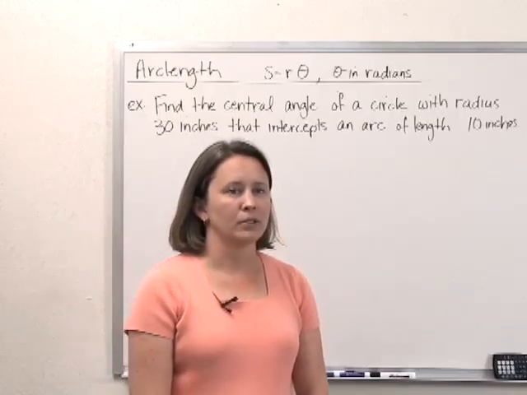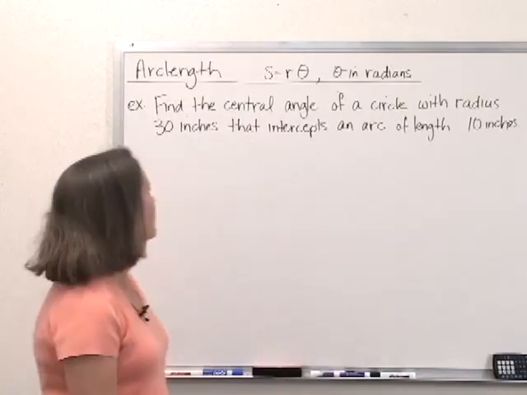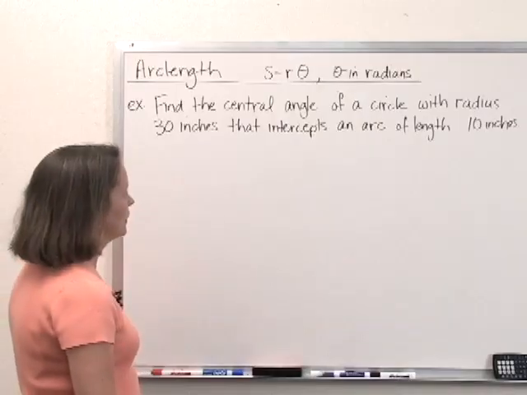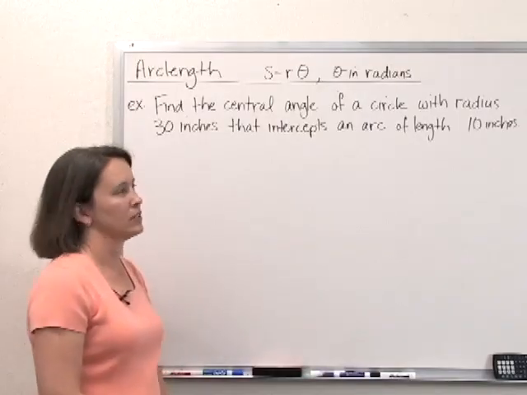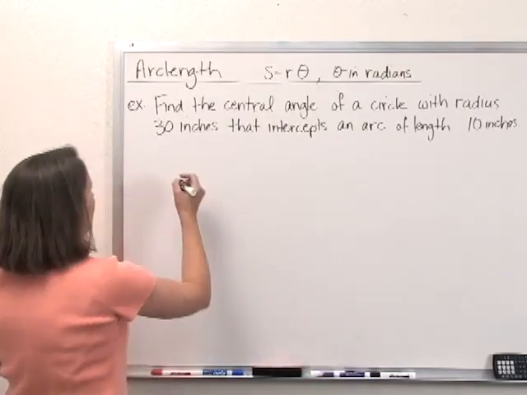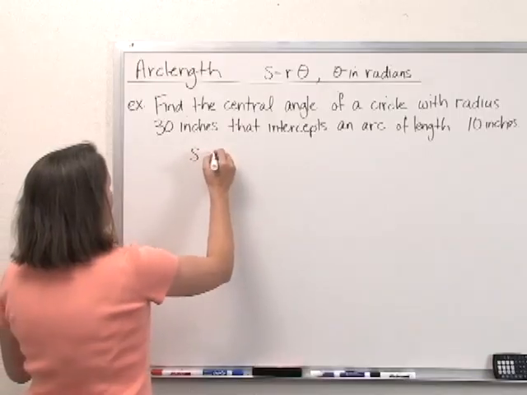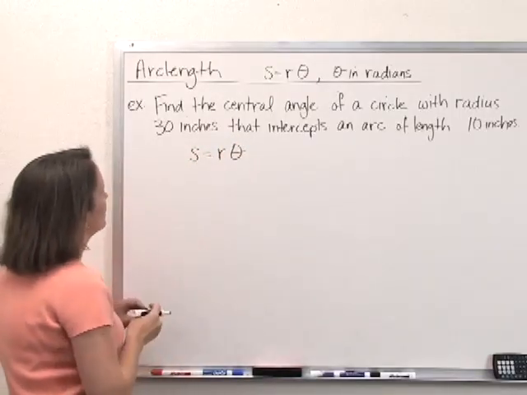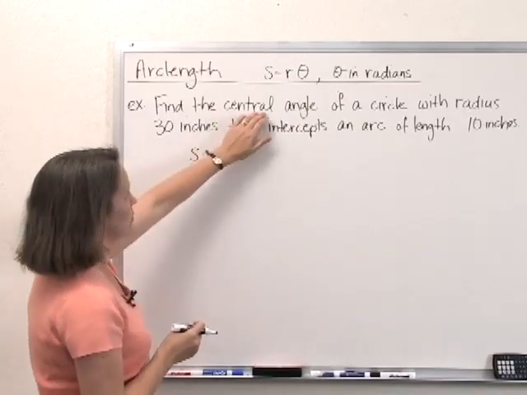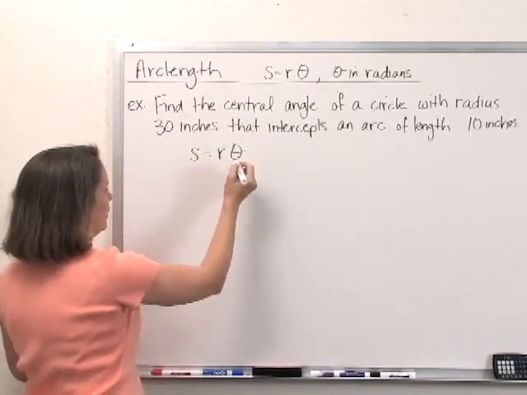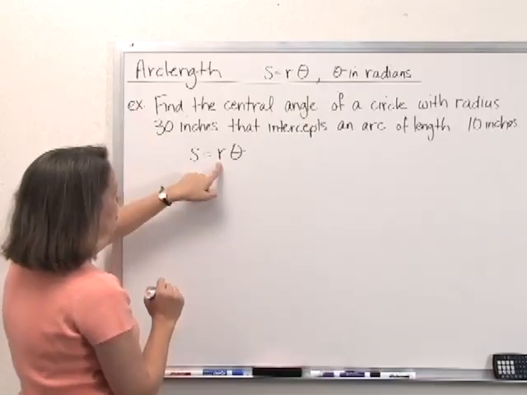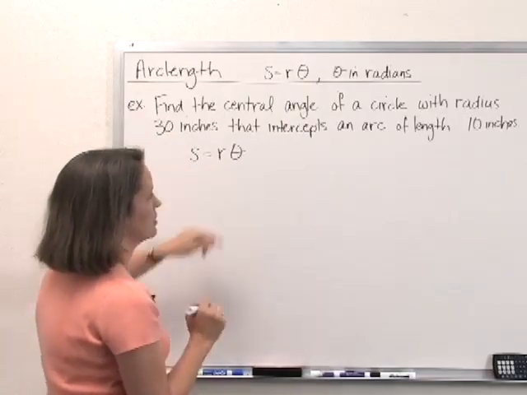Here's another example that uses our arc length formula. Find the central angle of a circle with radius 30 inches that intercepts an arc of length 10 inches. Okay, so we can use our arc length formula, S equals r theta. And in this case, we're looking for the central angle. So that's what we don't know. Our radius is 30 inches, and the arc length is 10 inches.